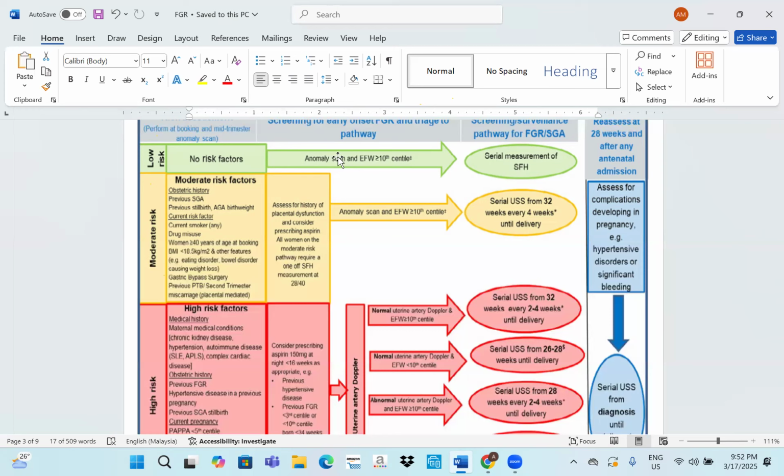If the estimated fetal weight is more than or equal to the 10th centile and there are no risk factors present, it means that this is a low risk patient and you should do only symphysiofundal height measurement for these patients. Okay. Symphysiofundal height measurements start from 24 weeks, but at 28 weeks, you should have plotted at least one symphysiofundal height. Clear up till now? How you will manage the low risk patient?